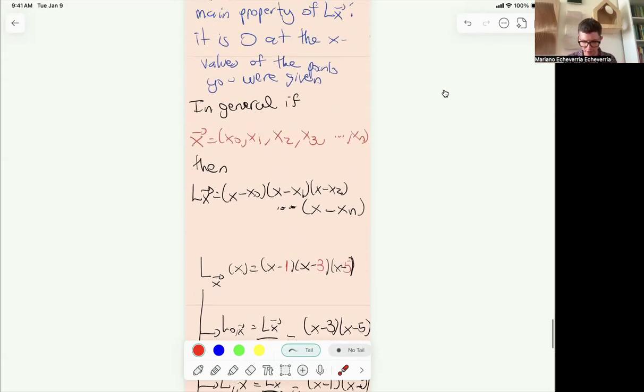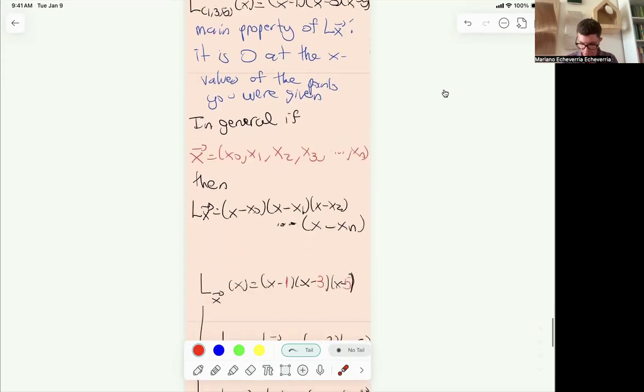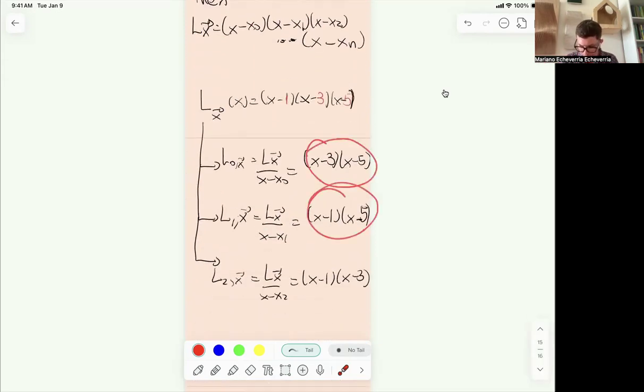this is the polynomial that I started with. The polynomial that I started with had the property that it was zero at all the distinct values of x simultaneously. The next three polynomials that I built have the property that they're zero everywhere except at one of the x values, if you see.